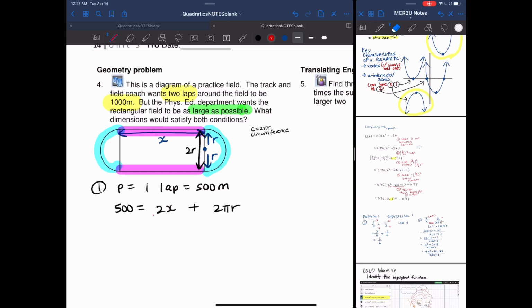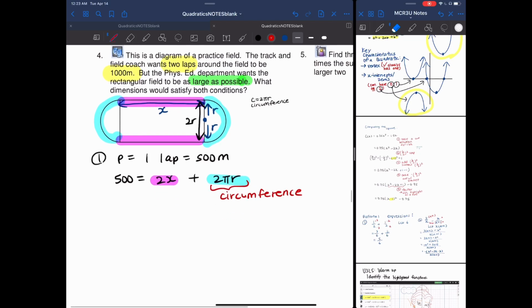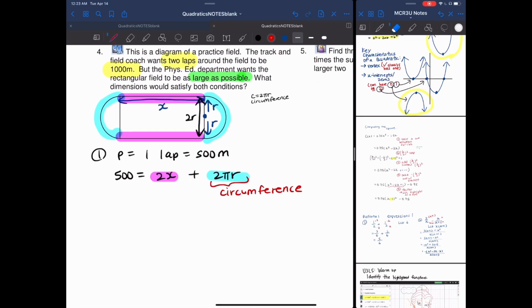Let me write that down in words. I'll use a highlighter to help you distinguish it. That part is this, and this part is this, where 2 pi r is the circumference.